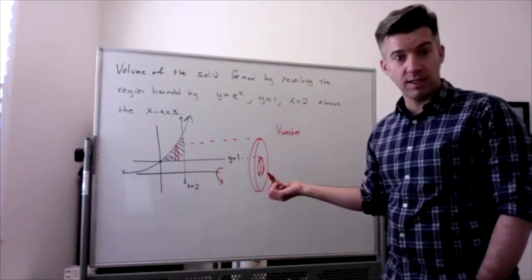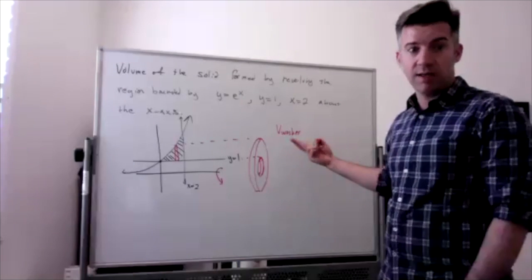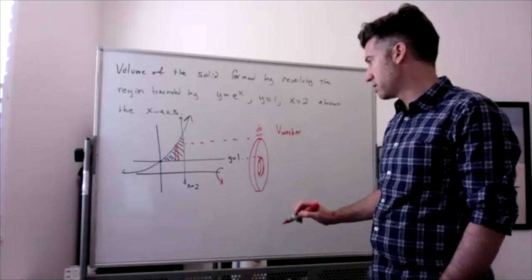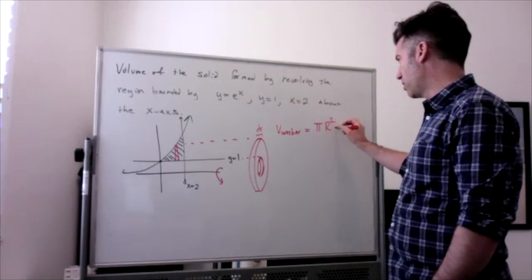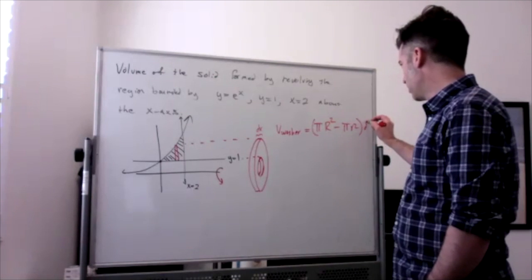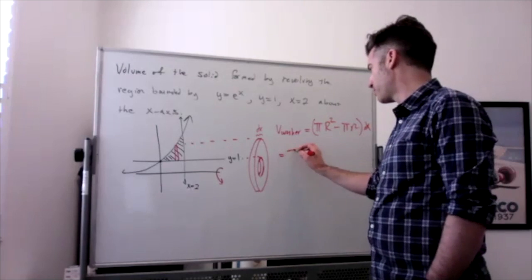And the volume of our washer, as it always is, is the area of the big circle minus the area of the little circle, times the thickness. And the thickness is dx. The volume of my washer is pi times the large radius squared minus pi times the little radius squared times dx. Factor out the pi.